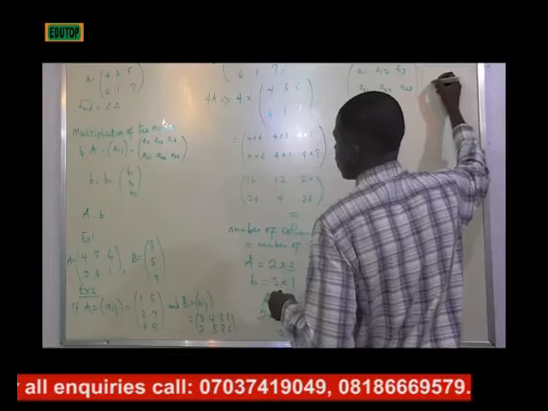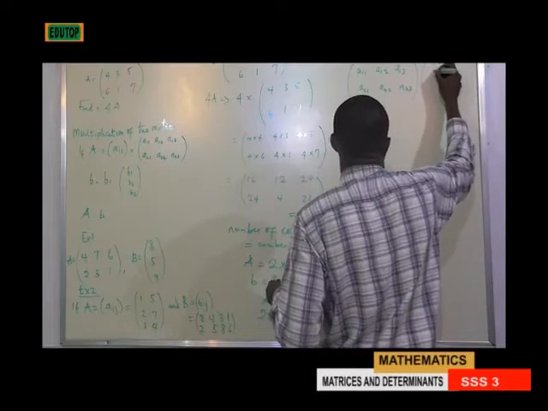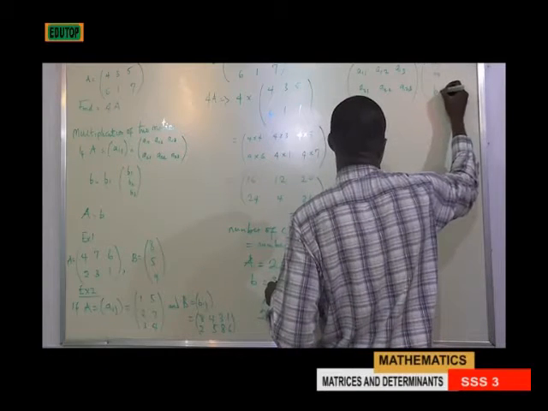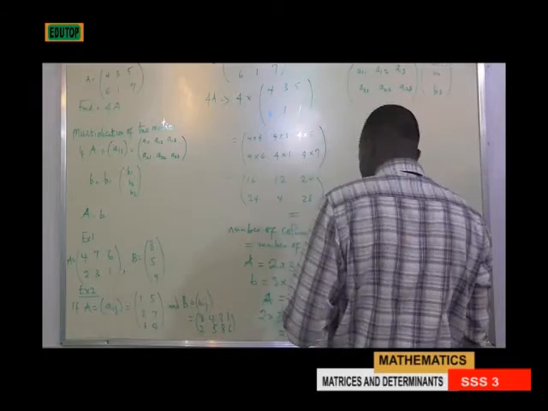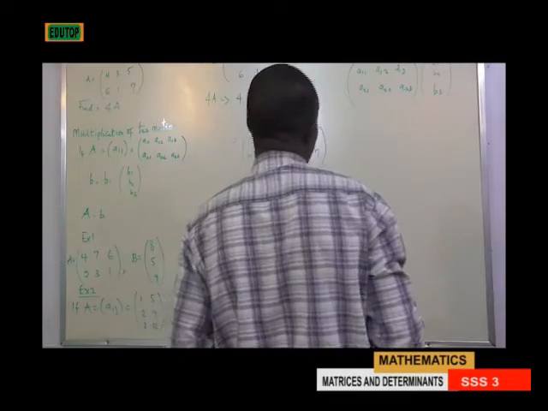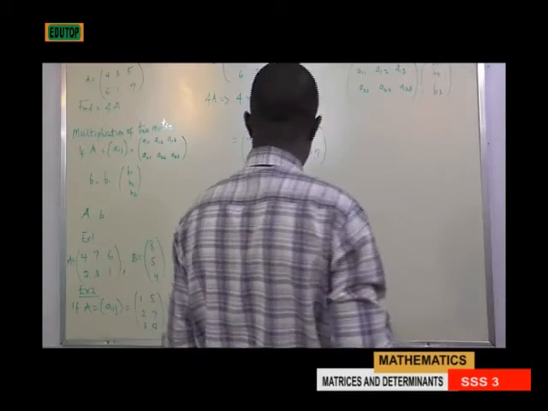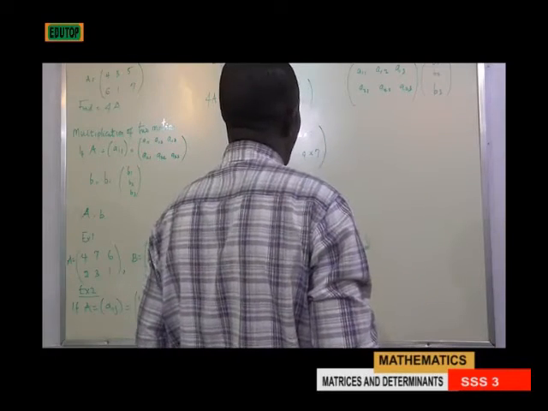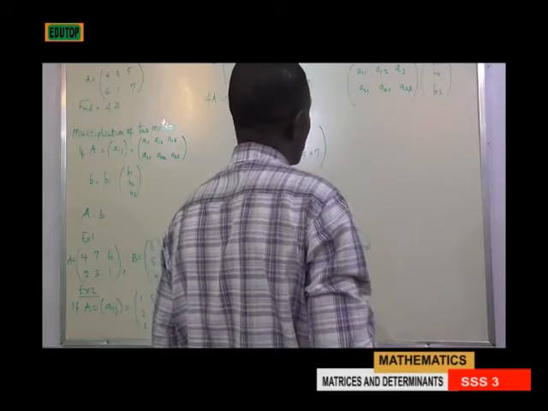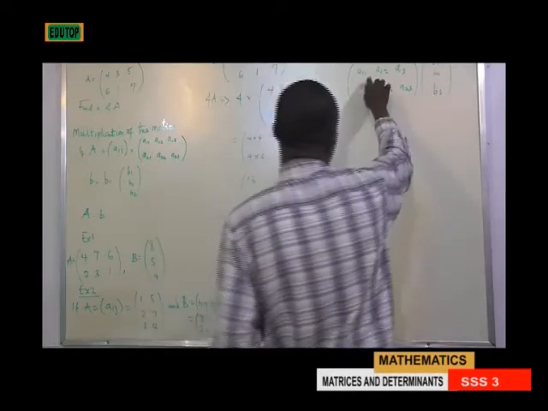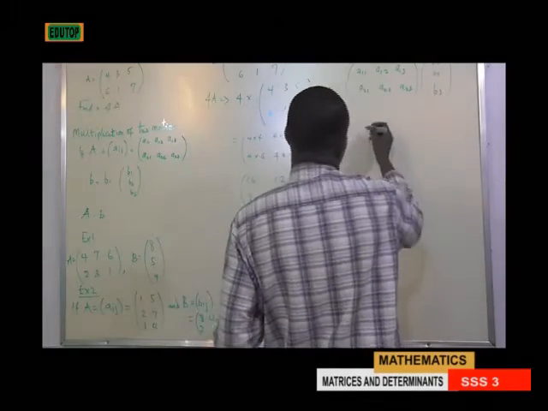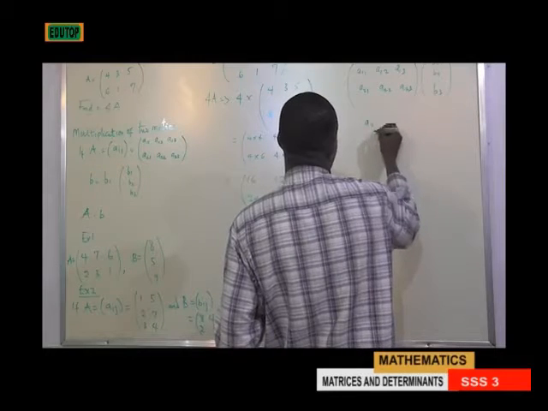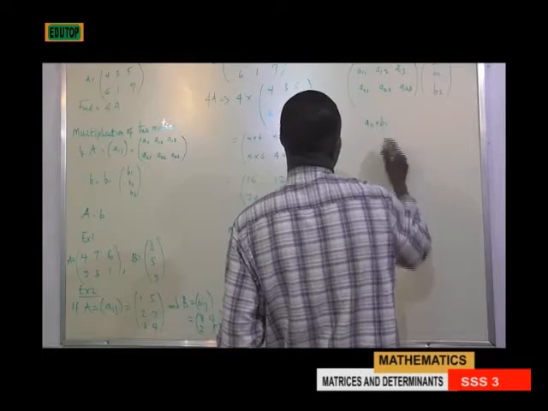Then we'll have B1, B2, B3. Since we will arrive at a 2 by 1 matrix, this times this, we have A11 times B1.